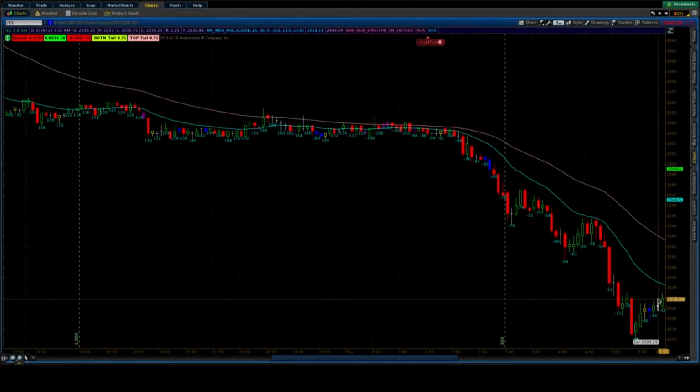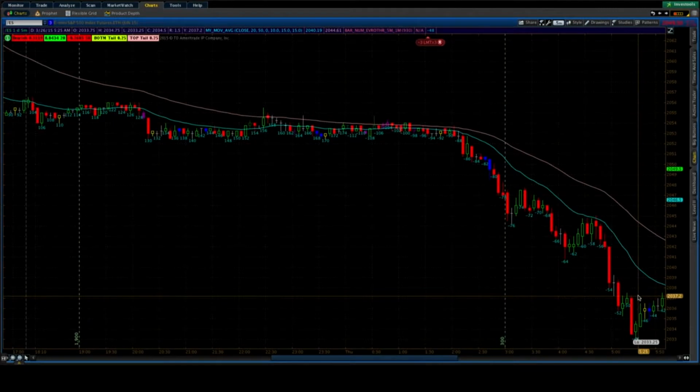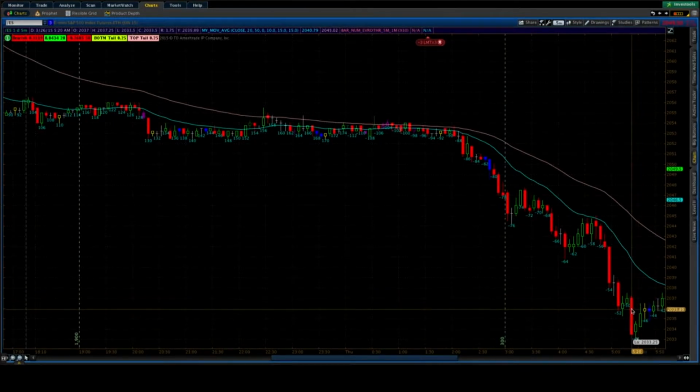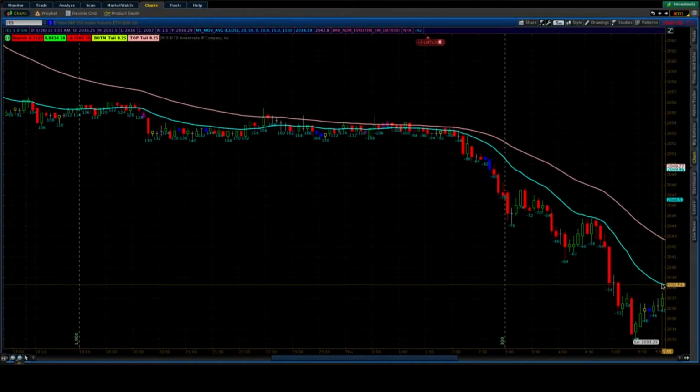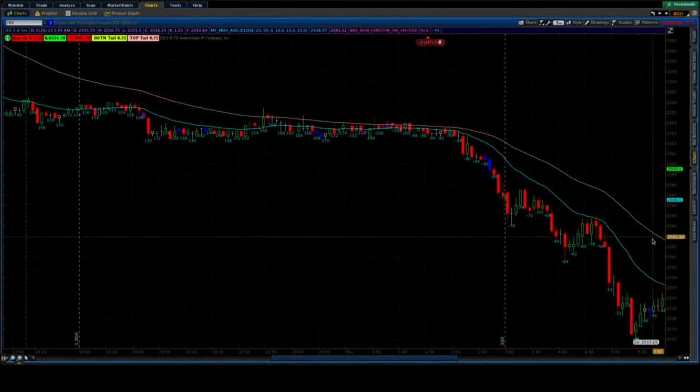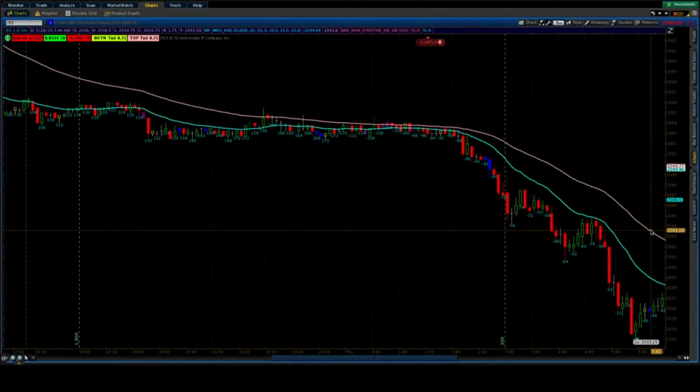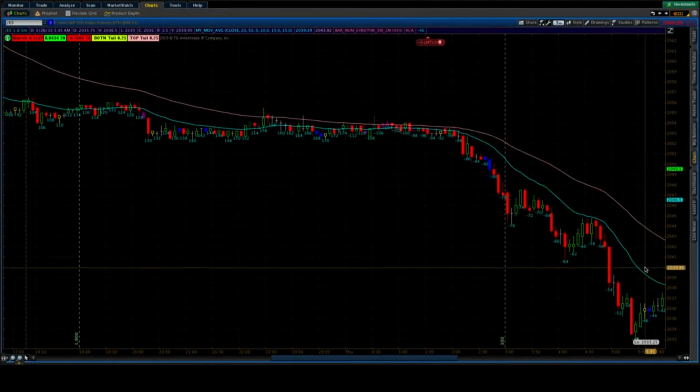It not only defeated the open, it defeated the high of this main bear bar here. Okay, but remember, we are approaching a resistance level, which is the 20 period moving average, and those are very handy. These are the only two moving averages that I use on my charts.